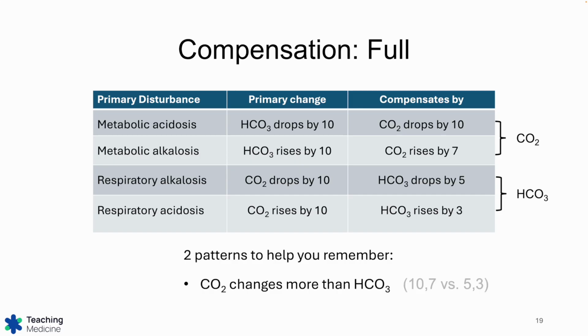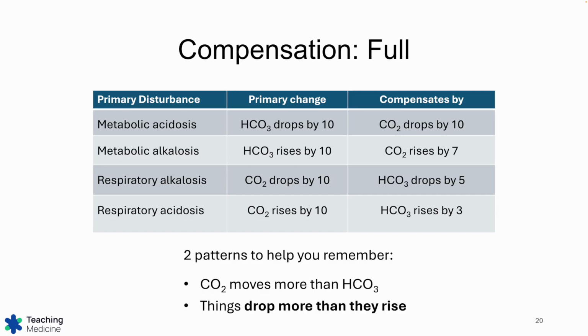So CO2 and bicarb. And then the other one is that things drop more than they rise. So CO2 drops by 10, but only rises by 7. Bicarb drops by 5, but only rises by 3. So I use these 2 patterns to help me memorize which numbers are associated with which compensation patterns.